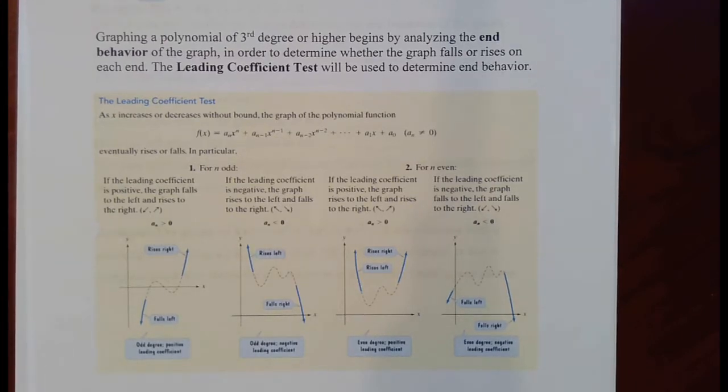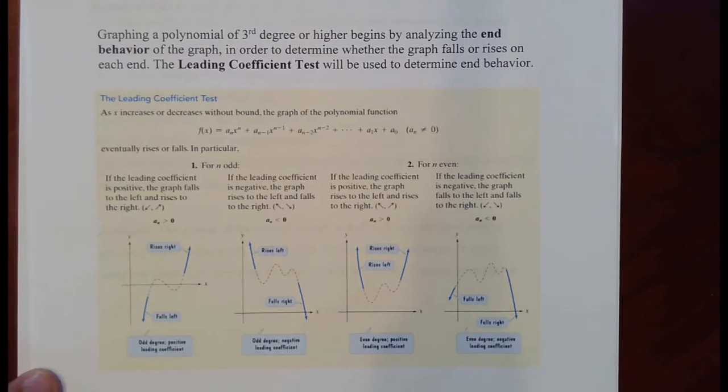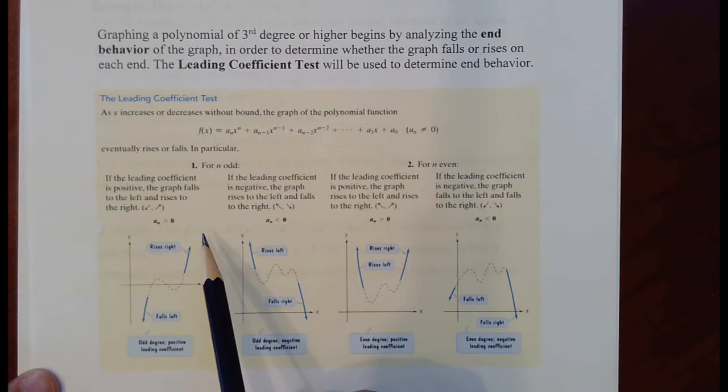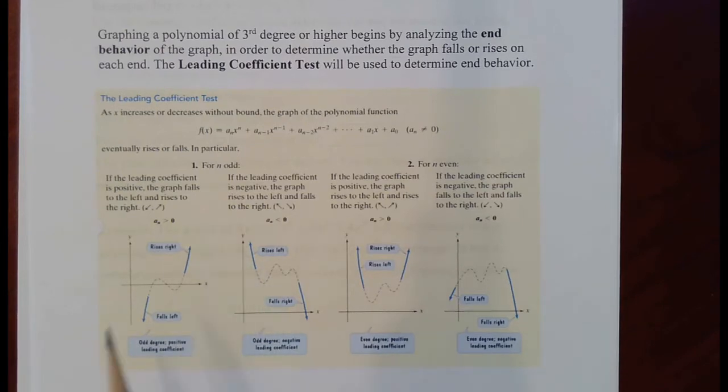There will be several steps that you're going to go through to create the graph. So let's start with this leading coefficient test. What you're going to do each time you get a problem is identify the term with the highest degree, because the coefficient of the highest degree is the leading coefficient.